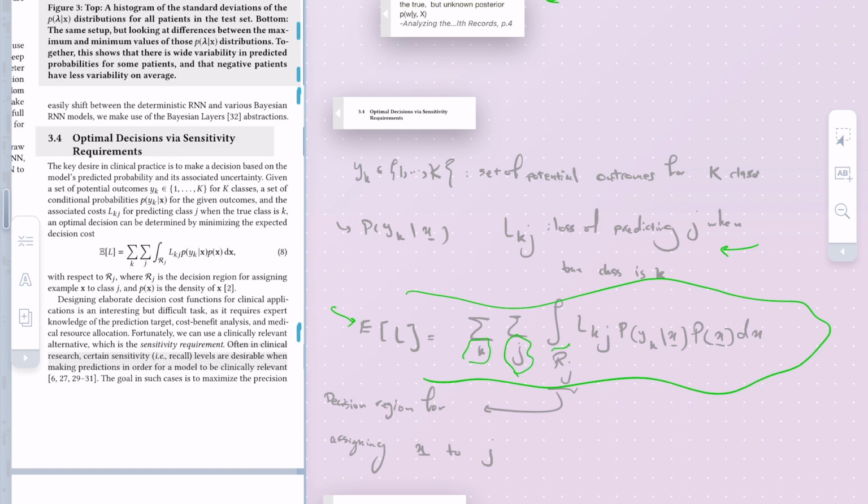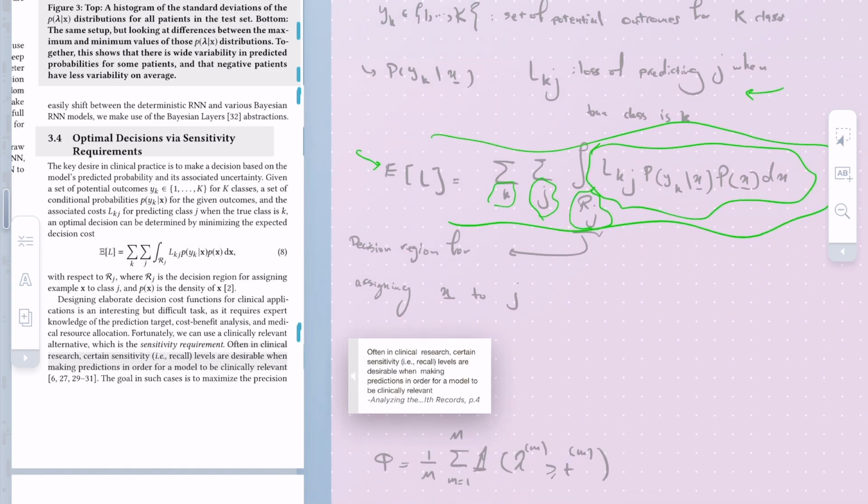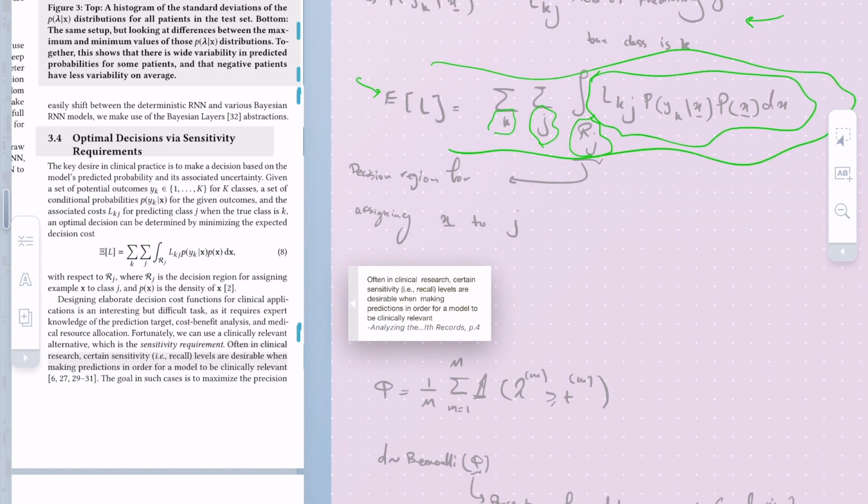If we have RJ being the region of the decision of assigning J to an example X, we can have this here, and this aggregation gives us the final expected loss. Designing an elaborate decision cost function for clinical application is a good thing, they mention, but it requires a vast amount of domain knowledge, so it's not the focus of this paper.